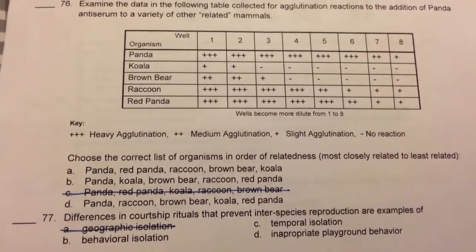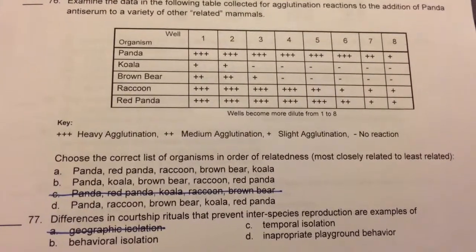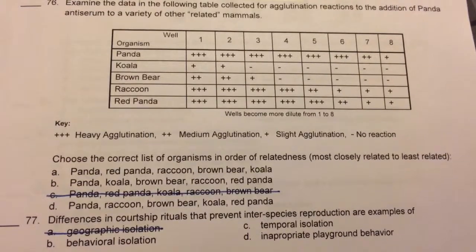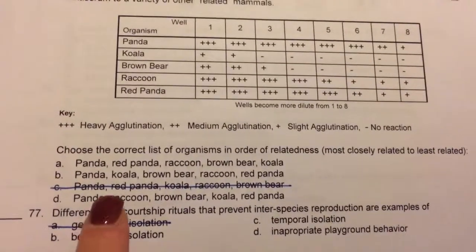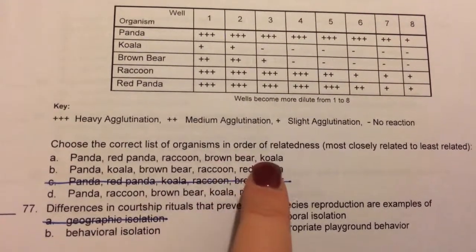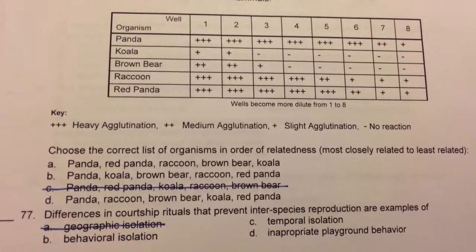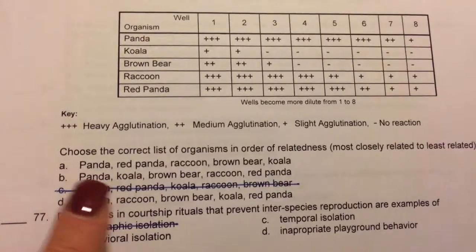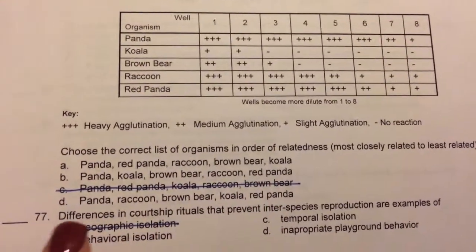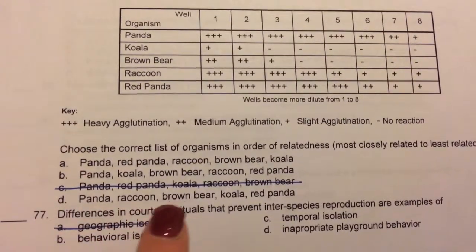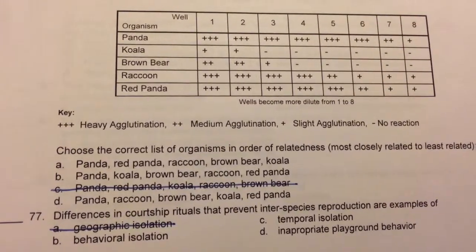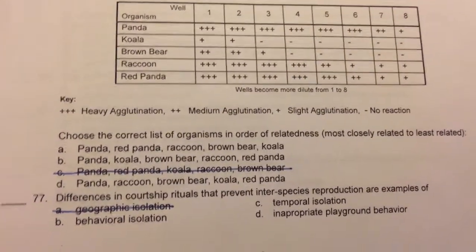Choose the correct list of organisms in order of relatedness, from most closely related to the least related. Does it go panda, red panda, raccoon, brown bear, koala, or panda, koala, brown bear, raccoon, red panda, or panda, raccoon, brown bear, koala, red panda? And we're going most closely related to least related.